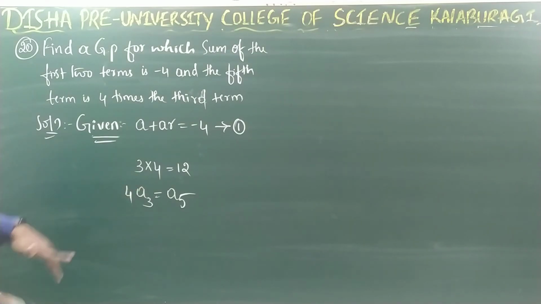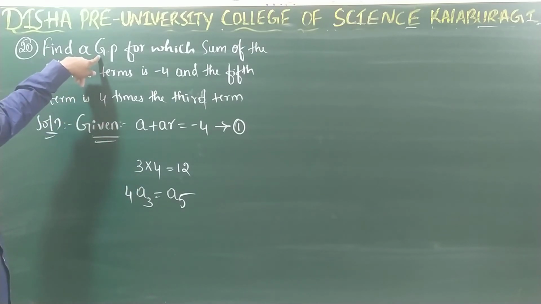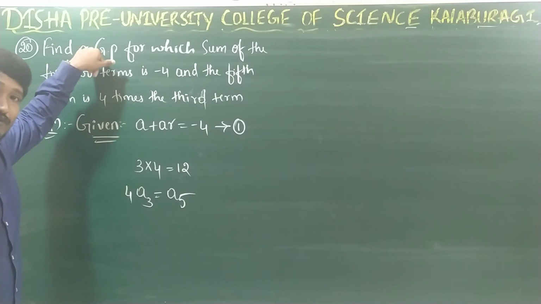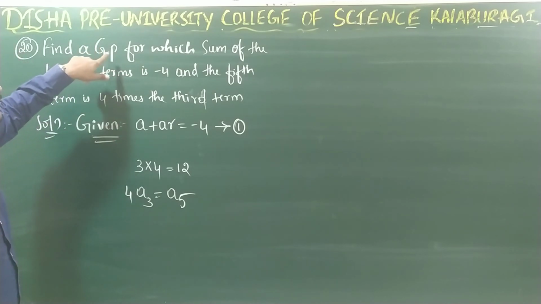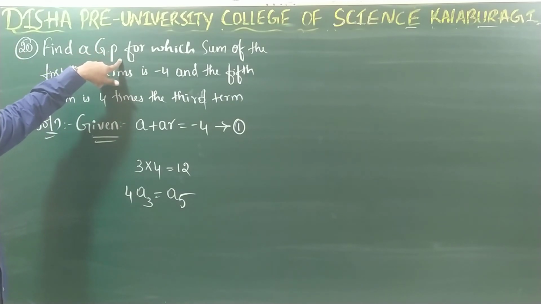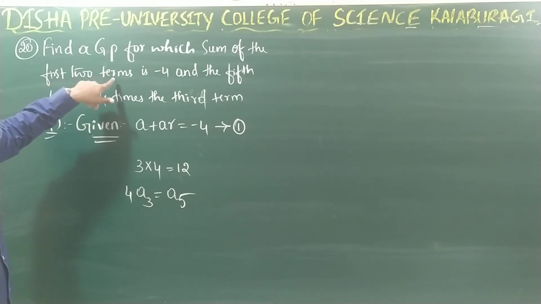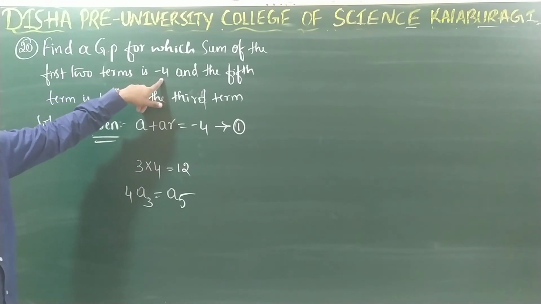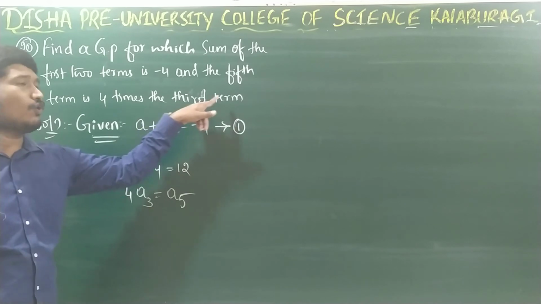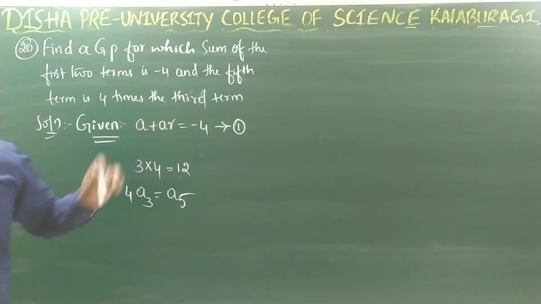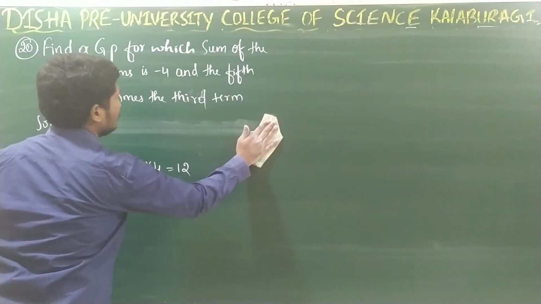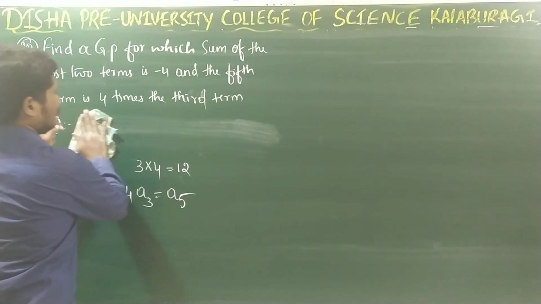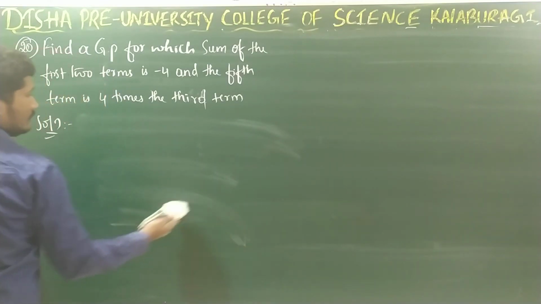What we have to do? We have to find the geometric progression, that is, we have to find out the terms. What are the terms present in the geometric progression such that the sum of first two terms is minus 4 and the fifth term is 4 times the third term, right? So let us see what our geometric progression will be.